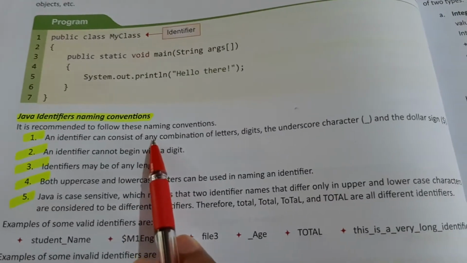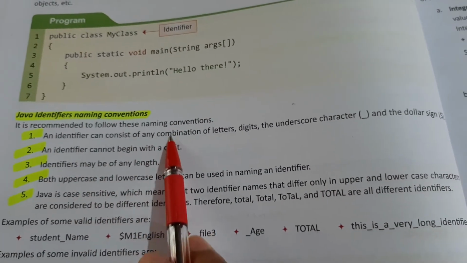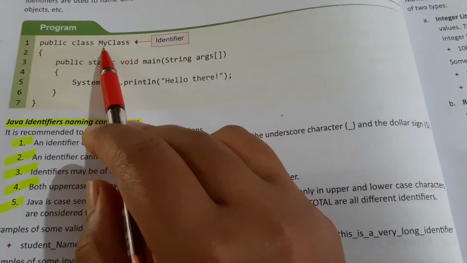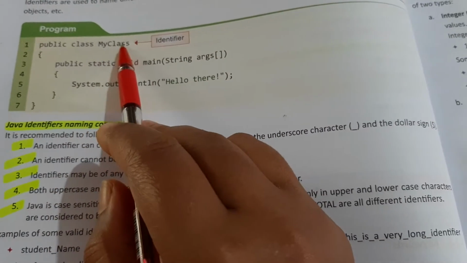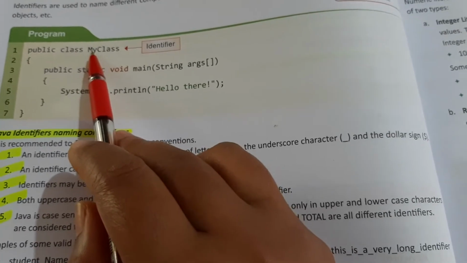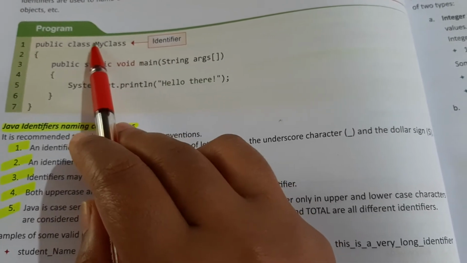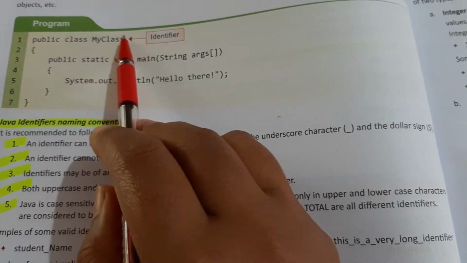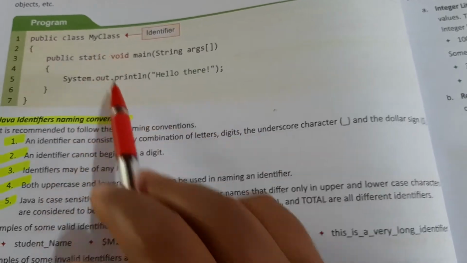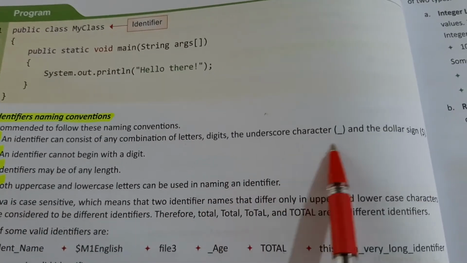Now these are the rules of an identifier. The identifier consists of combinations of letters, digits, and underscore. If you want to write my class, and you want to give a space, you can give my underscore class. If you want to write first class, you can write first underscore class. So this is the first rule. You have to follow this.